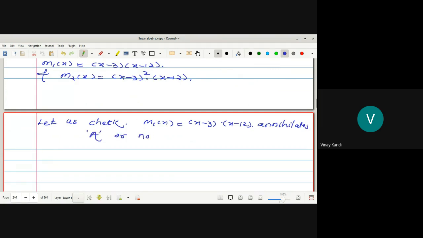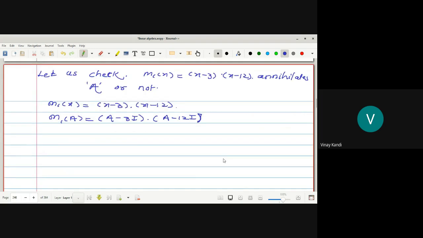What is m1 of x? m1 of x is equal to (x minus 3) into (x minus 12). What is m1 of A? It is (A minus 3I) into (A minus 12I).